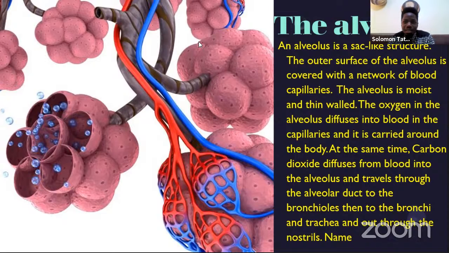Let's see, someone has typed. Christian says, so that the blood vessels can transport oxygen in blood. Oh, you said that already. So that molecules can pass through easily. Okay, very good. Is there any other reason for being moist and thin-walled?